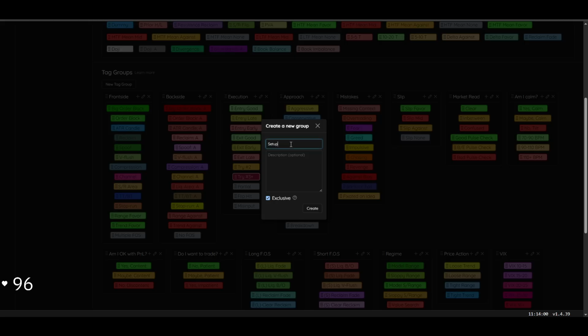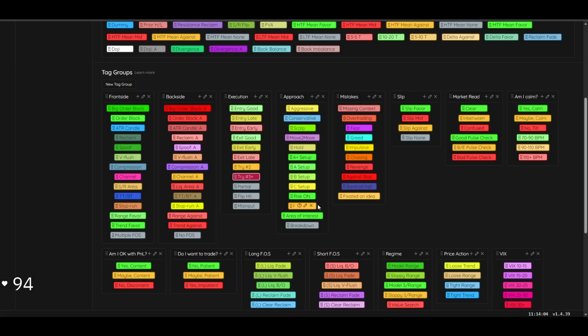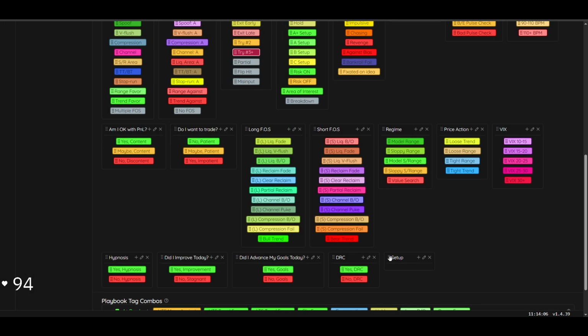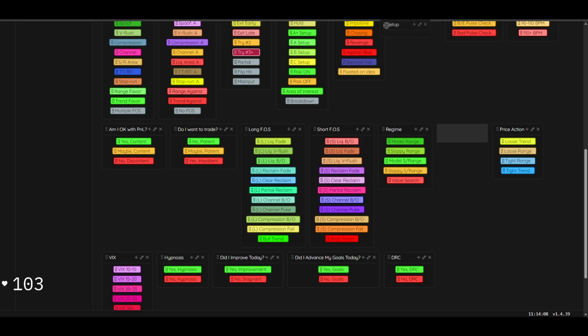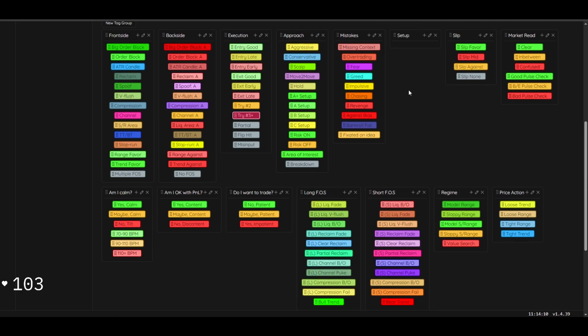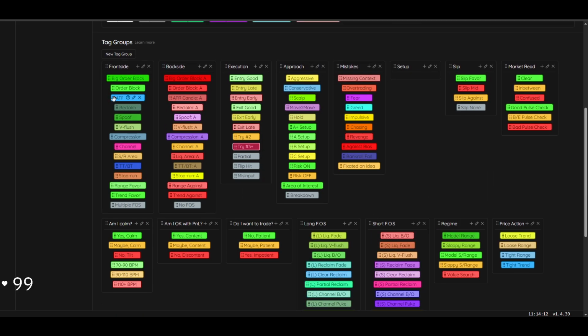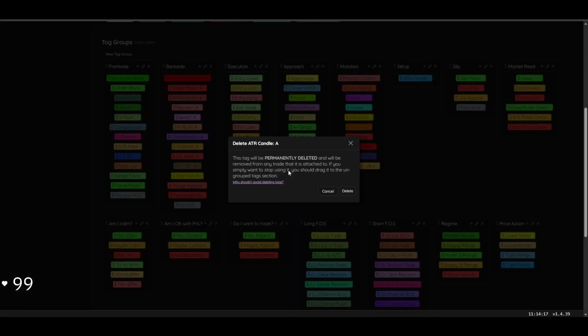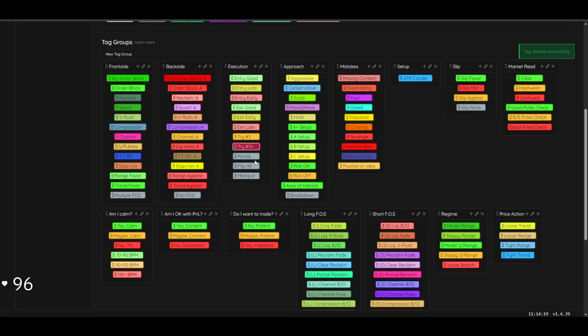Setup. And yeah, this is going to be an exclusive one. Setup, and I can move this up here. ATR candle is going to come over. Delete this tag.